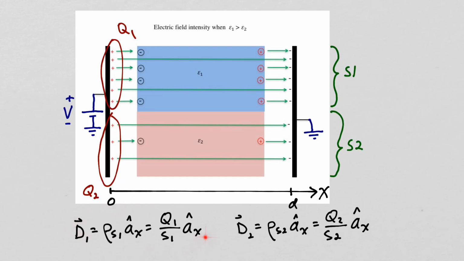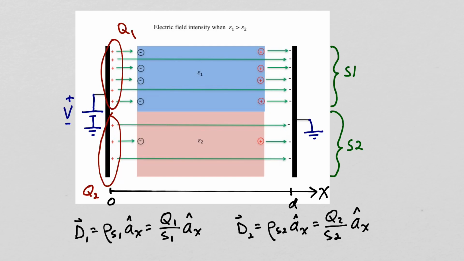This result should be something you're comfortable with at this point, but if you're not, you can quickly go back to Gauss's law and draw a Gaussian surface around the part of the plate adjacent to material 1 and determine the electric flux density field.